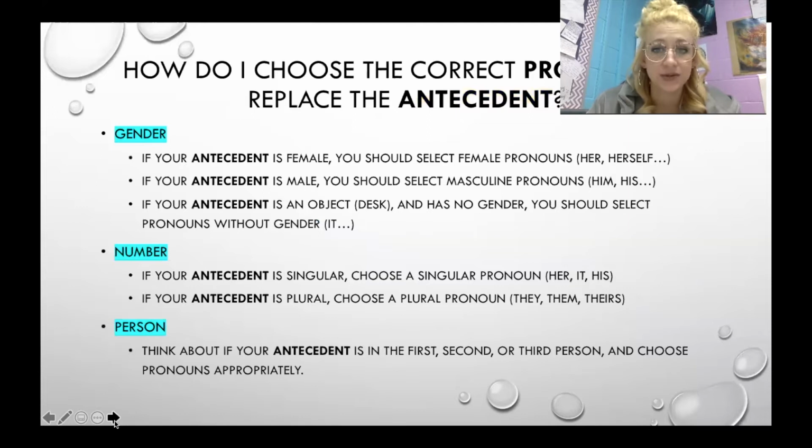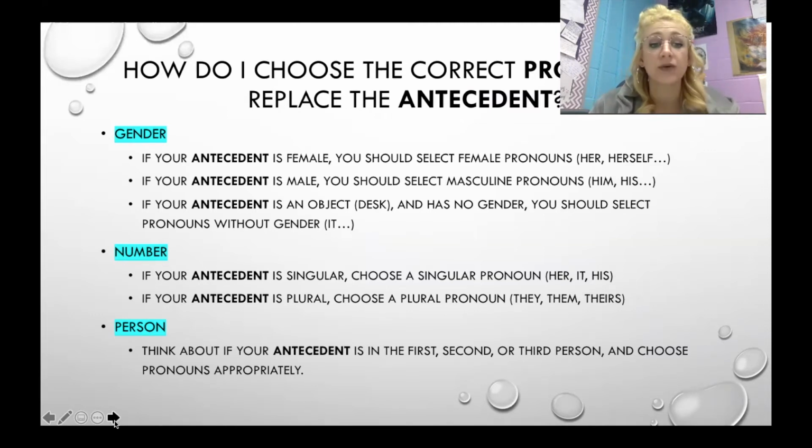So how do I choose the correct pronoun to replace the antecedent? There's 3 things that we keep in mind when we're replacing a noun with a pronoun. So the 3 things that we keep in mind are gender, number, and person. So let's start with gender.